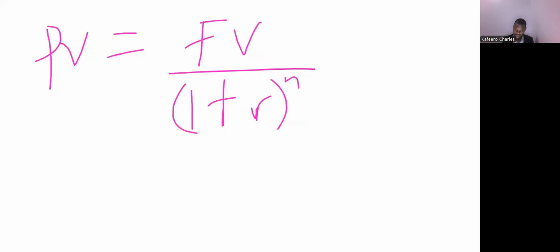Or you may use future value times 1 plus r to the power of negative n, whichever way. But I prefer the first one.